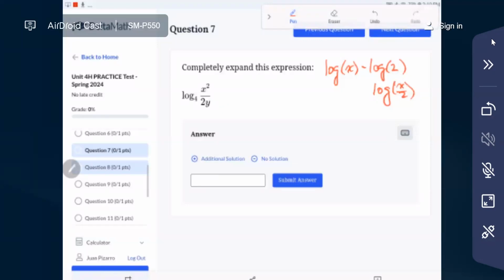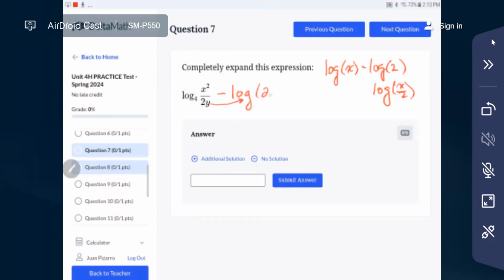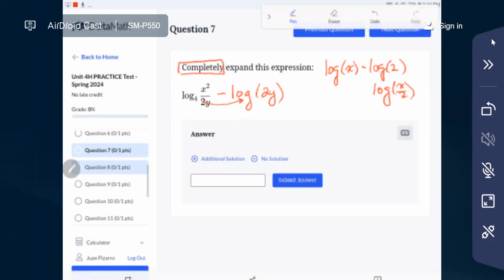All right, so the first thing we're going to have is this 2y. So we're going to subtract log of 2y. All right, so that's our first one. Notice that it says completely.